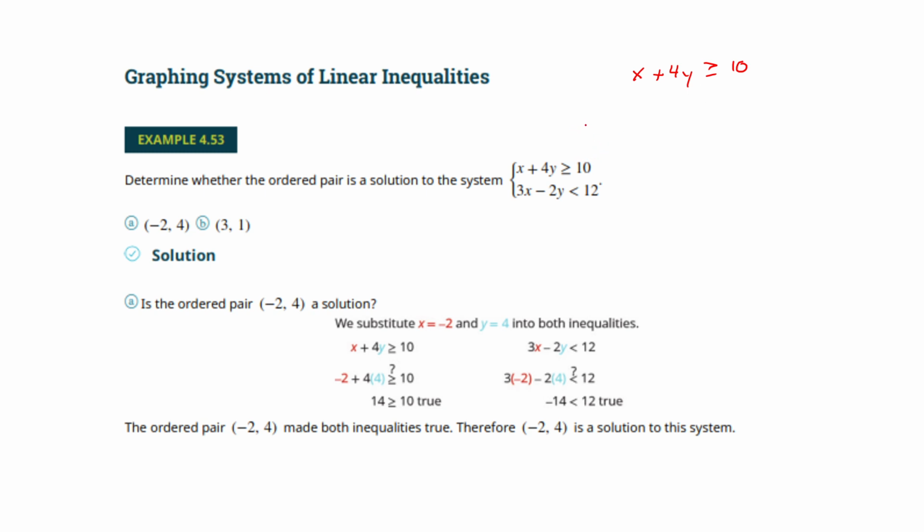And just like we saw with linear equations, what it means is that these two inequalities exist in the same universe, in other words, on the very same graph. There are going to be a lot of parallels here, but inequalities are going to make this a little more complicated. The first thing we'd want to do is answer the question, is a particular point a solution to the system?